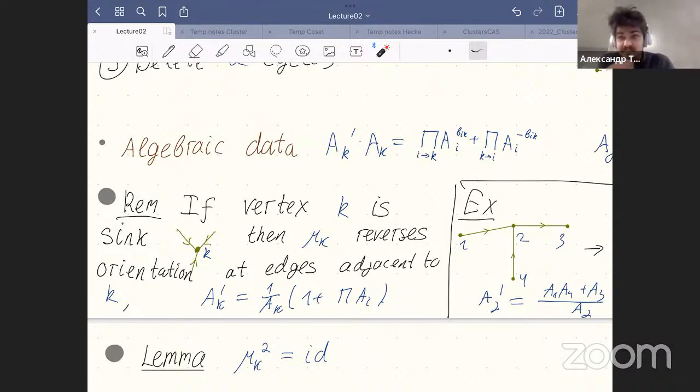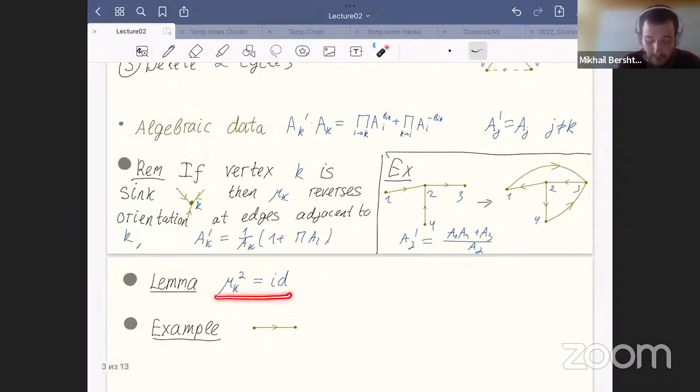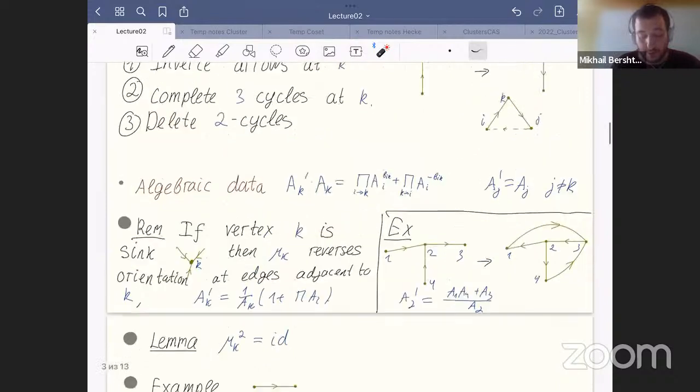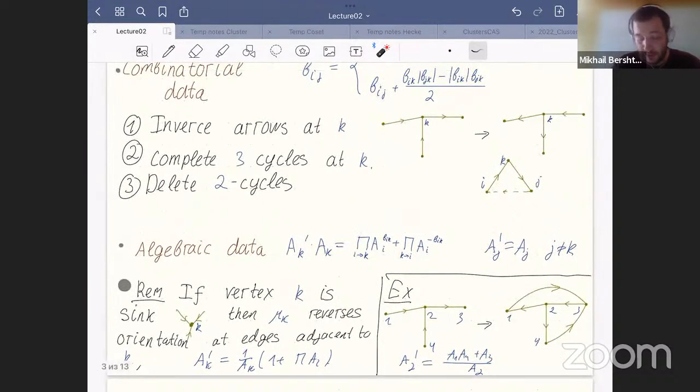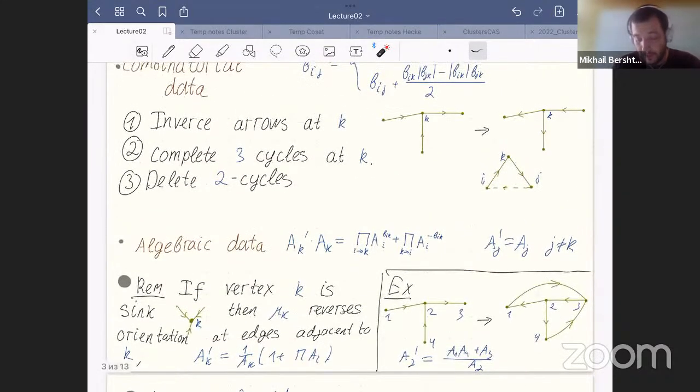Okay. It is straightforward to see that any mutation squares to the identity. It means that the matrix returns to the same matrix and the variables return to the same. For the quiver, we do the same steps. First we reverse all edges, so we return them back. And if we have such a triangle, then after the reversing we have a triangle in the opposite direction, so these edges will also cancel.